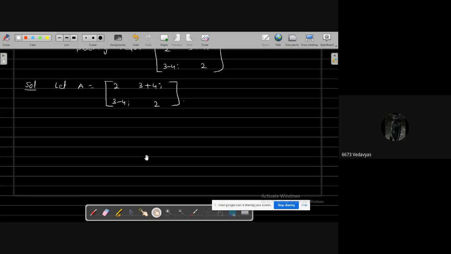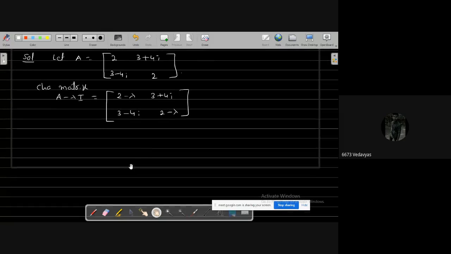The characteristic matrix A minus lambda I is [2 minus lambda, 3 plus 4i; 3 minus 4i, 2 minus lambda].